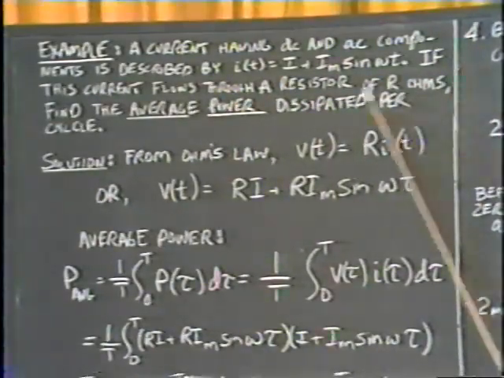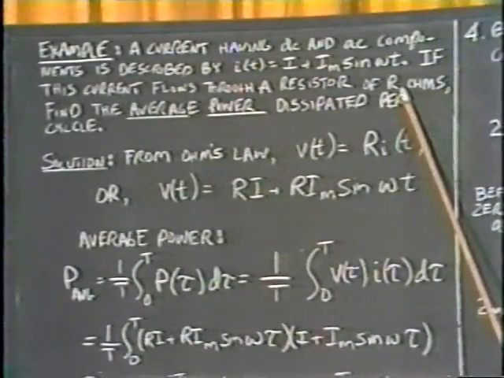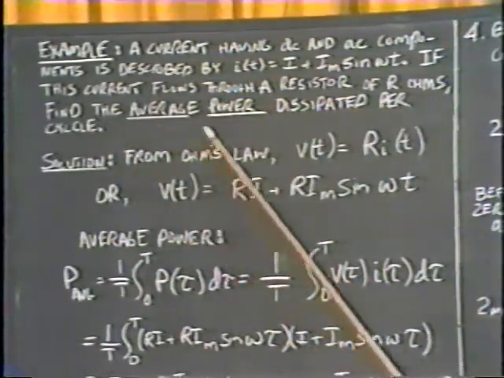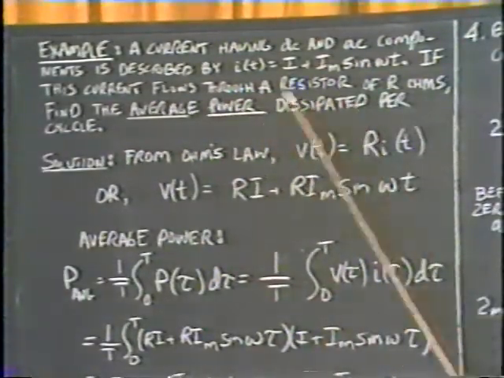We see that this current flows through a resistor which has a value of R ohms, and we wish to find the average power dissipated per cycle.